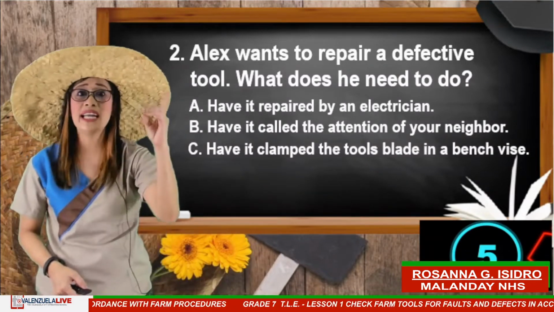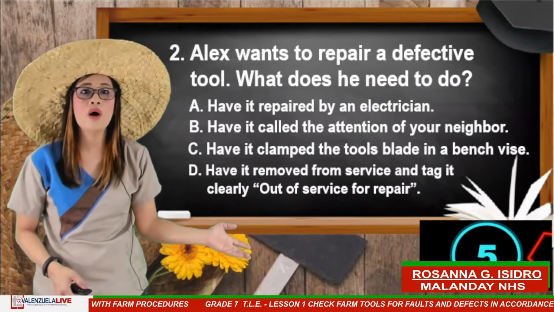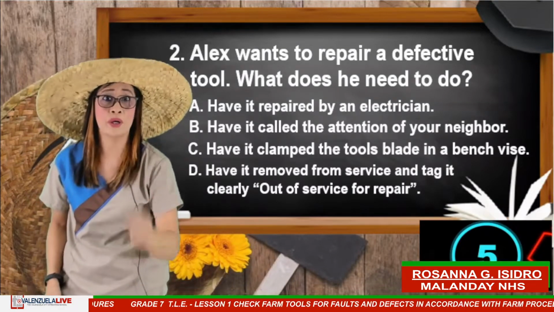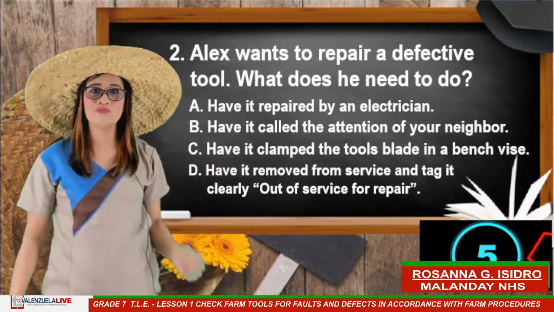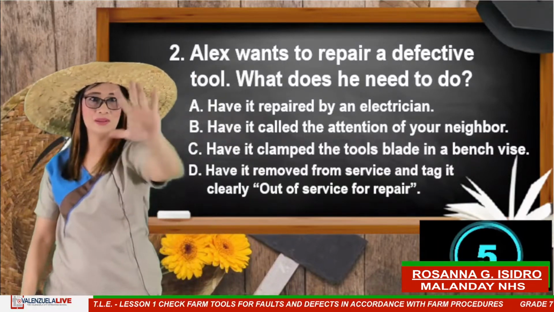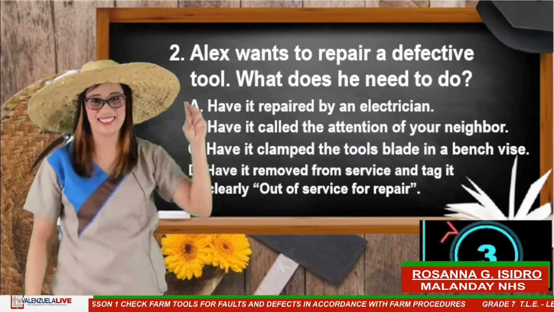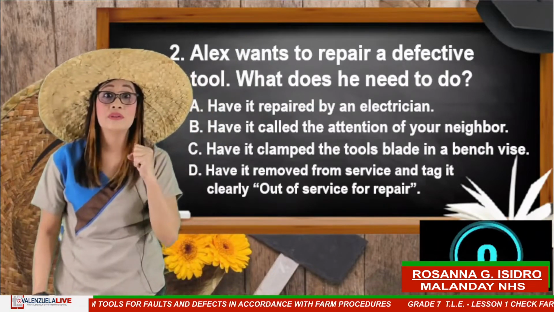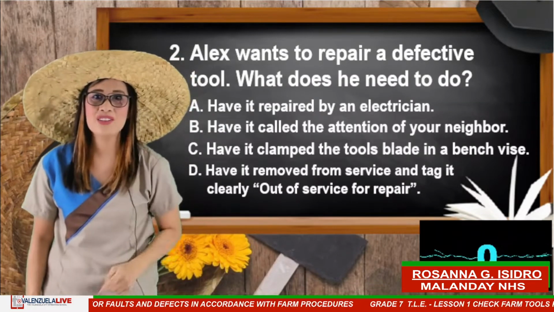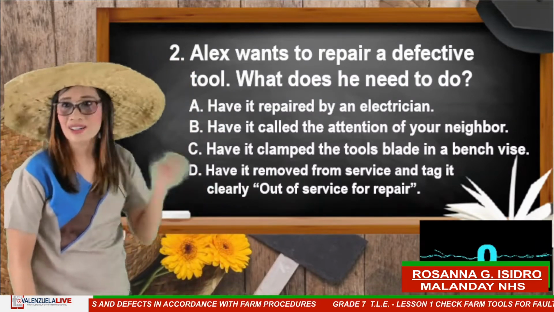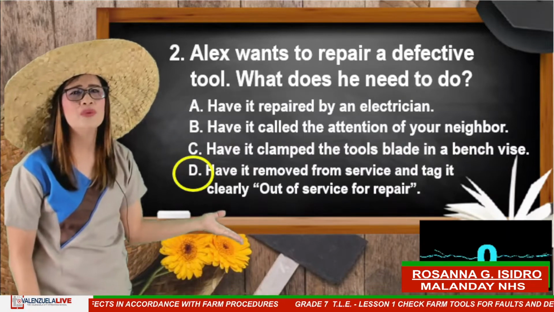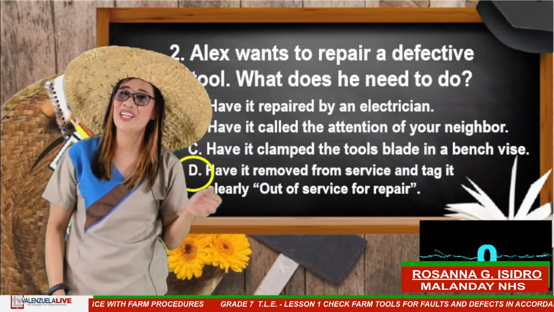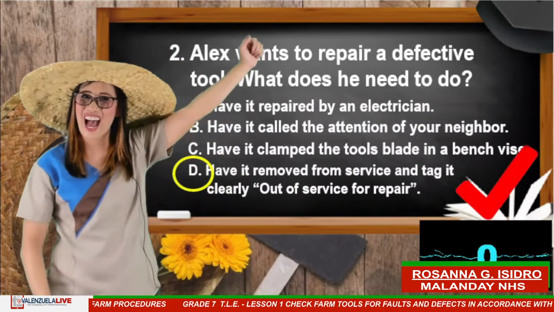Or letter D, have it removed from service and tag it clearly out of service for repair. Your time starts now. Oh, time is up. If your answer for number 2 is letter D, have it removed from service and tag it clearly out of service for repair, then you're right.